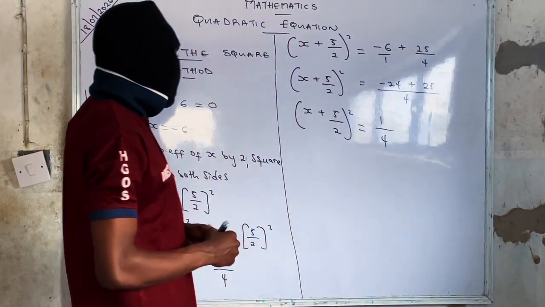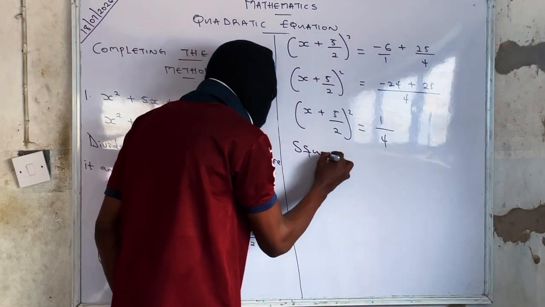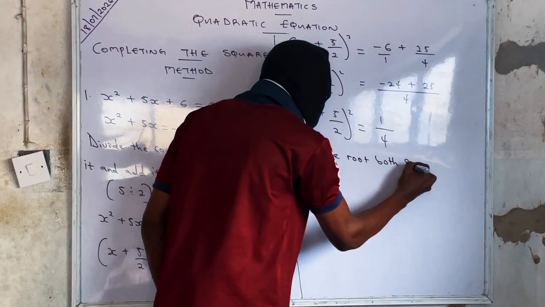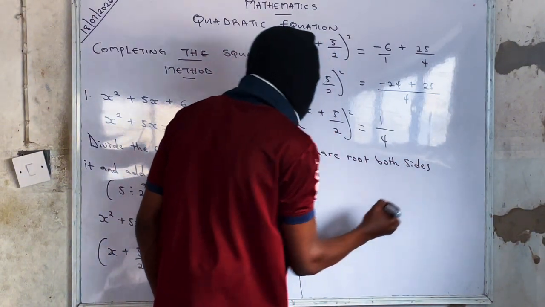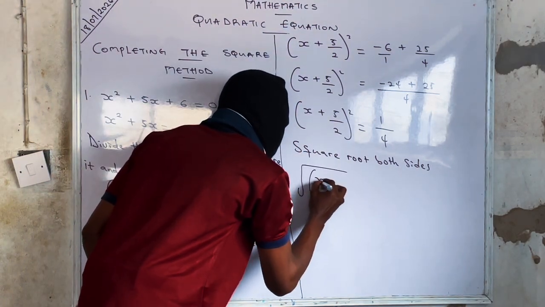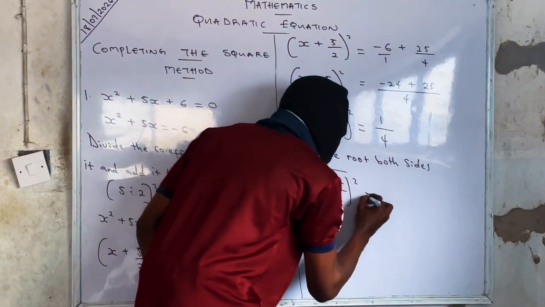Now what you are going to do here is square root both sides. So it will now be x plus 5 over 2, the square root cancels the square. Don't forget your plus or minus.